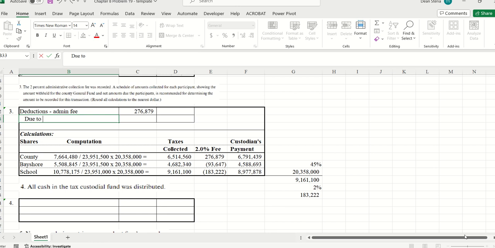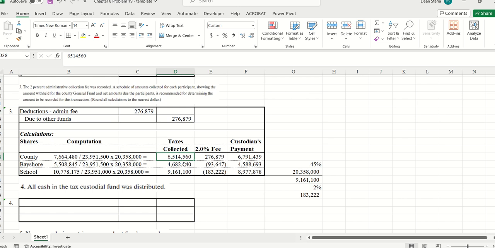due to other funds, which is the same number, 276,879. Okay, so we calculated the percent, and then we multiplied that percent times our collections, and that gave us our taxes collected.